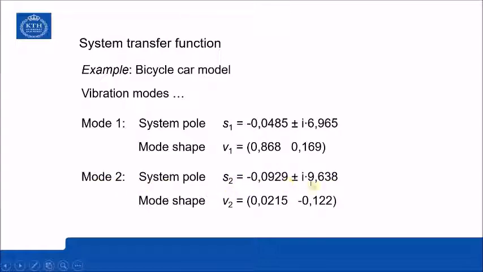So the second system pole is this, and the mode shape vector is this. And now you can see that we have a minus sign at the second component here. And that means that the translation and rotation are in opposite phase now for this mode.